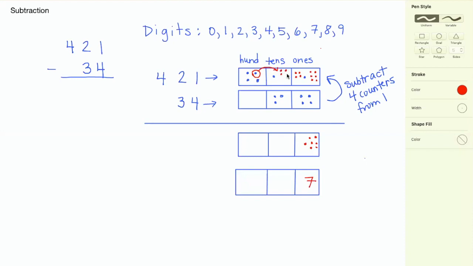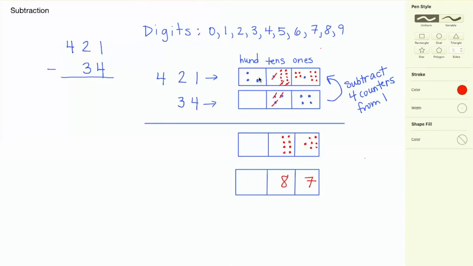So I'm going to represent that with 10 counters. So I can now get rid of this guy because I have moved it into these 10 counters in the tens position. Now can I take away 3? Sure I can. Cross out this one, this one, this one, this one, this one, this one, and that leaves 8. So that 8 belongs in this spot.